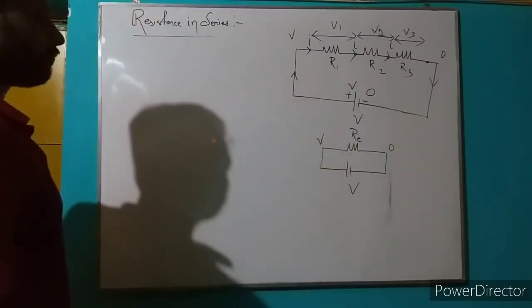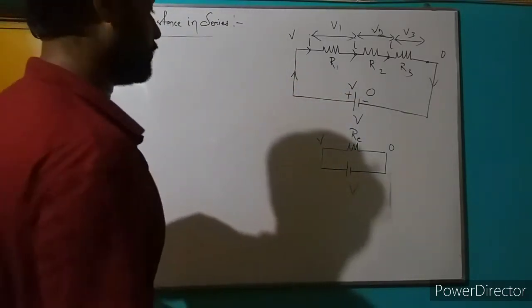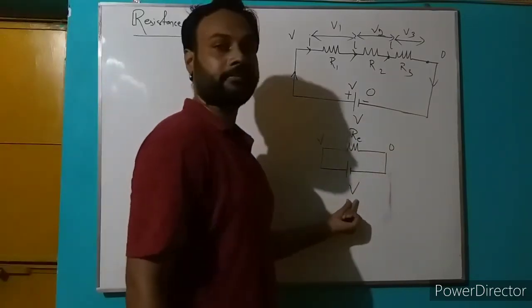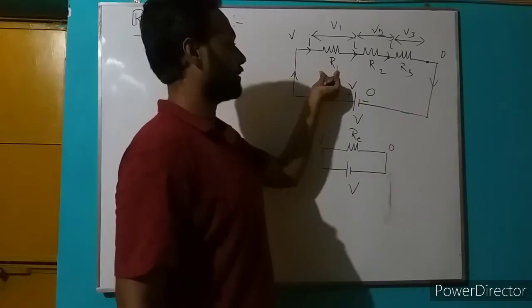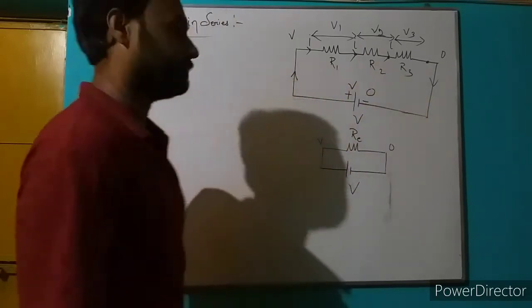Therefore, as we know, the effective potential difference equals the sum of the potential differences across each resistor.